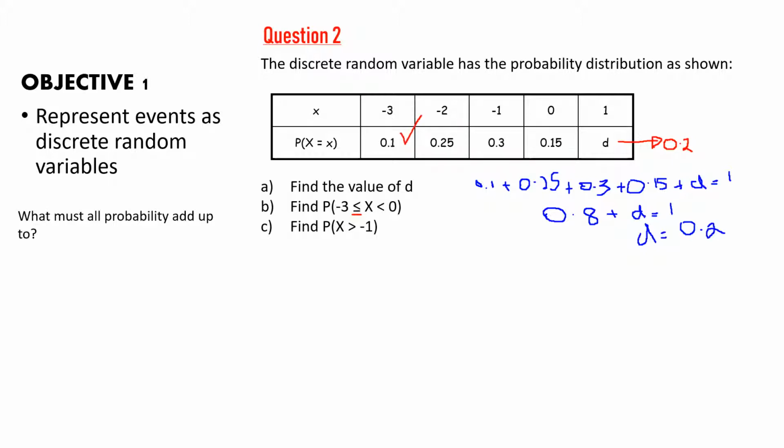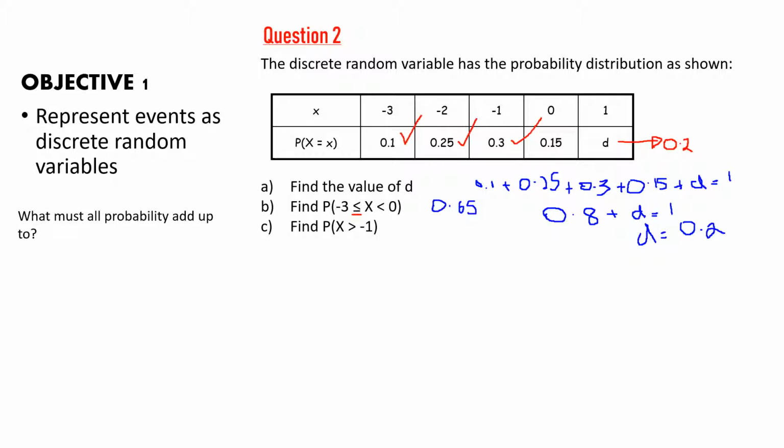It certainly does. Does a -2 count? It does. Does a -1 count? It does. Does a 0? No. And does the 1 count? No. To get the total probability, you would add those together. So add 0.1, 0.25, and 0.3, and we get 0.65.